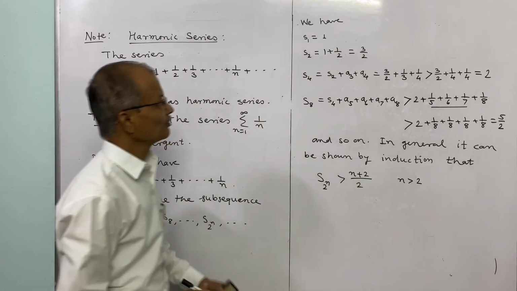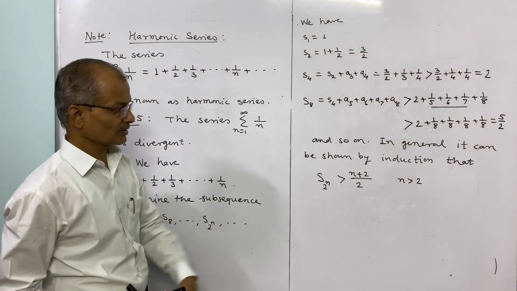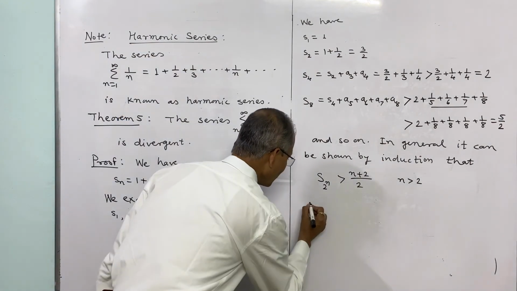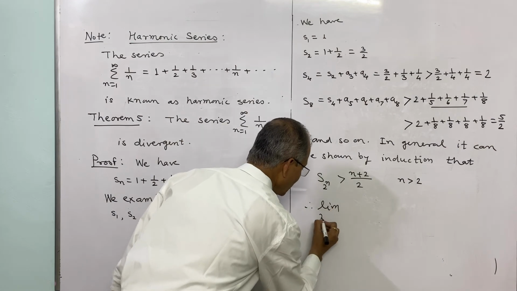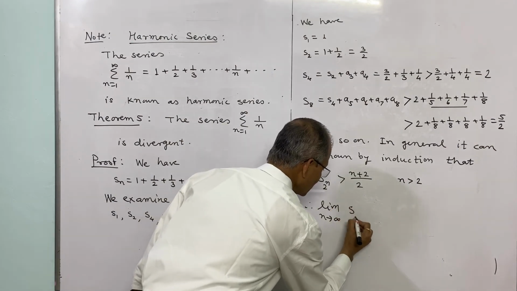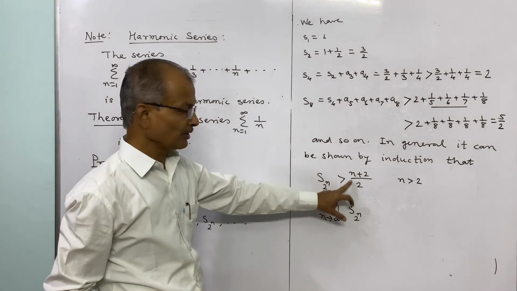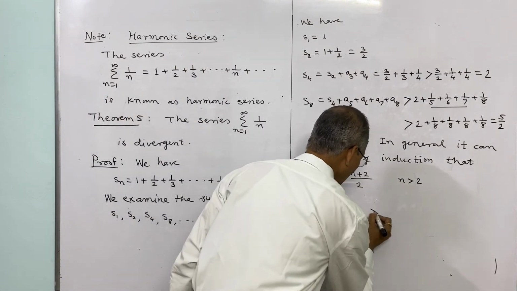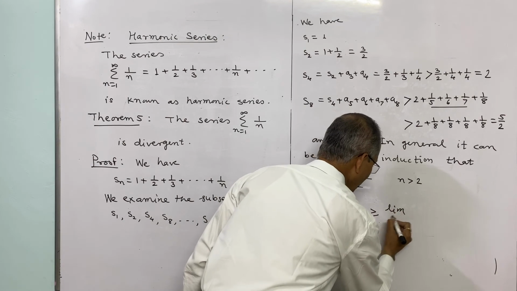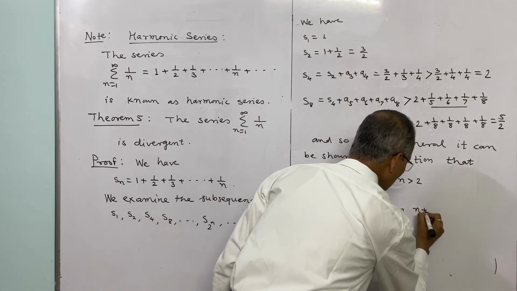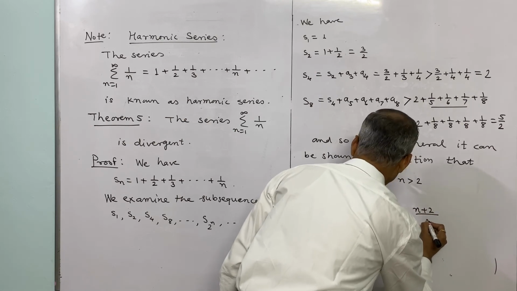N greater than 2 means from 4, 8 onwards. And now we will take the limit of this. Therefore, limit n tends to infinity of S2 power n will be certainly greater than or equal to limit n tends to infinity of n plus 2 divided by 2.